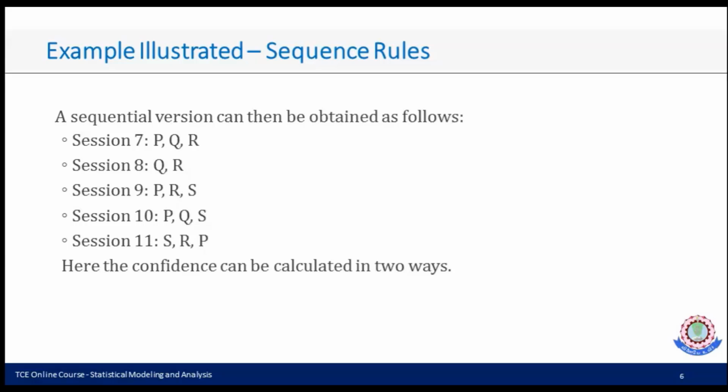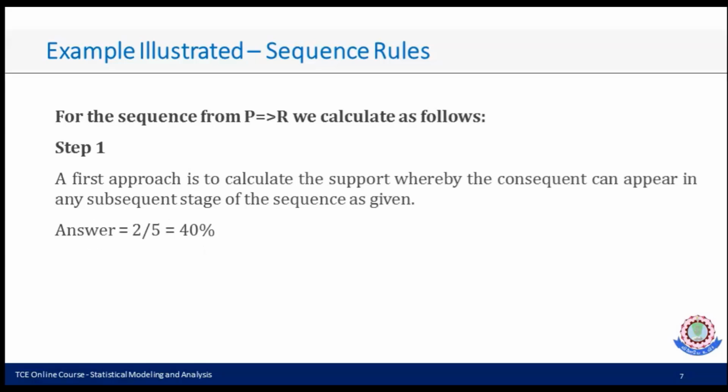So consider the sequence from P to R. We can calculate the value in two ways. The first approach is to calculate the support whereby the consequent can appear at any subsequent stage of the sequence.